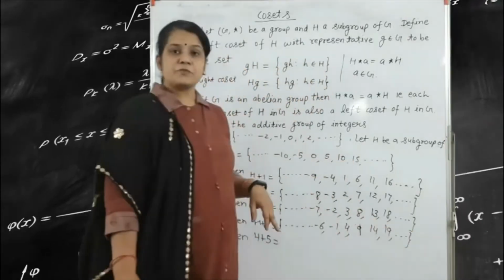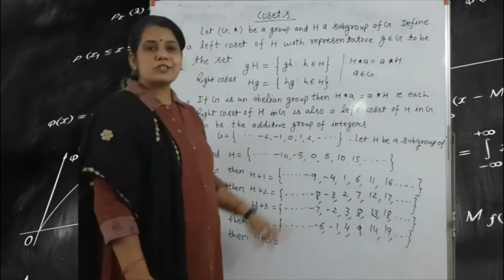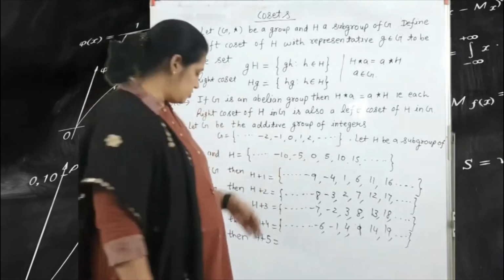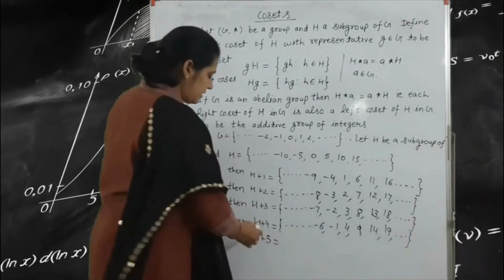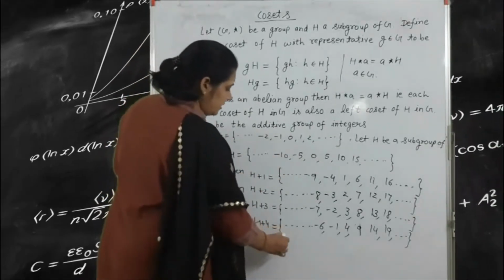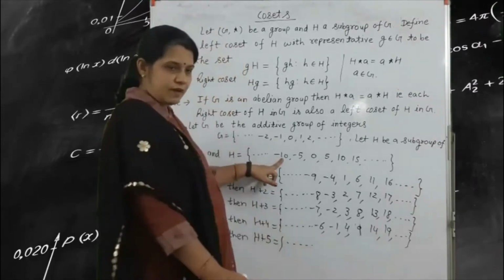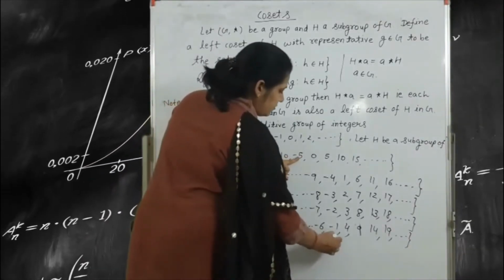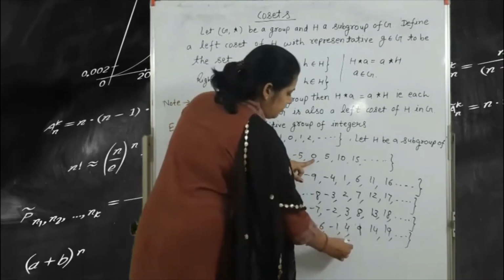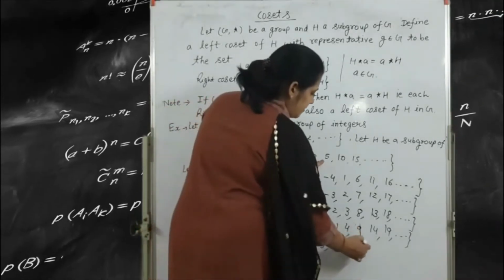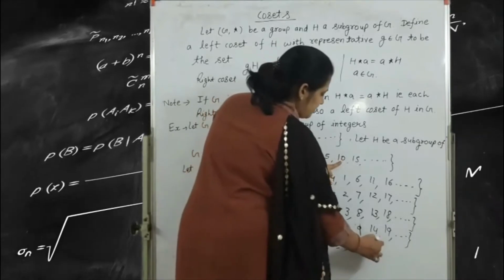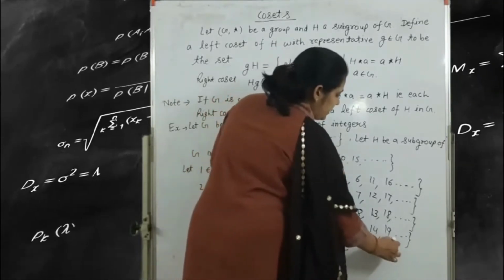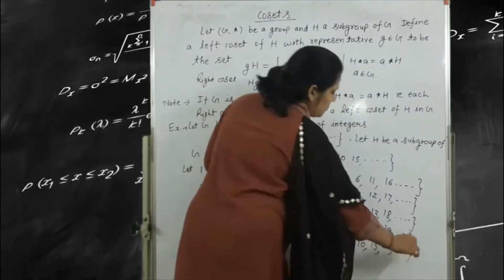Okay, next one is 5 belongs to G. So if 5 belongs to G, then H plus 5 is equal to what? Here we write H plus 5, that means minus 5, 0, 5, 5 plus 5 is 10, 10 plus 5 is 15 and 15 plus 5 is 20, and so on.